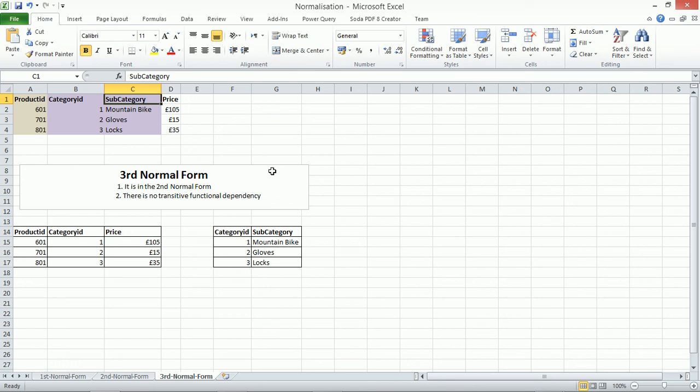The point that I'm trying to make here is, although it seems that subcategory and product category are actually related, and they are actually related, they are transitively dependent because of the category ID. So if you have that type of relationship, then if you want to convert to third normal form, you break the relationship down.